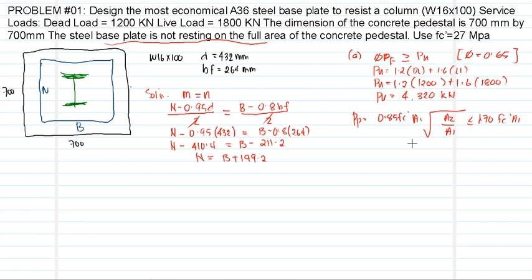So how do we solve for our A1 and A2? So we have to look here in our diagram, in our drawing. So yung A1 natin is the area of our base plate. That is the full area that is in contact with our pedestal. So our A1 here is equal to B times N. Since hindi natin alam yung dimension ng B and yung dimension ng N, so in terms of B and N muna tayo.